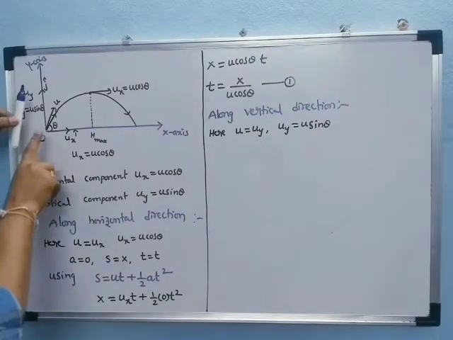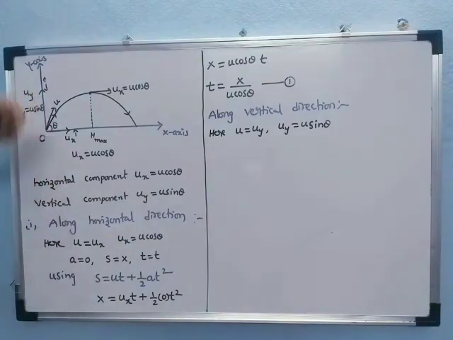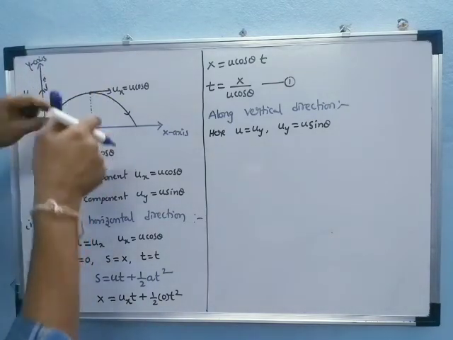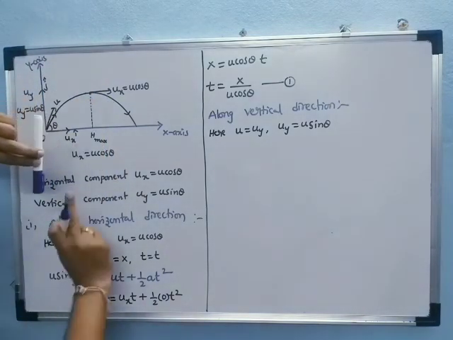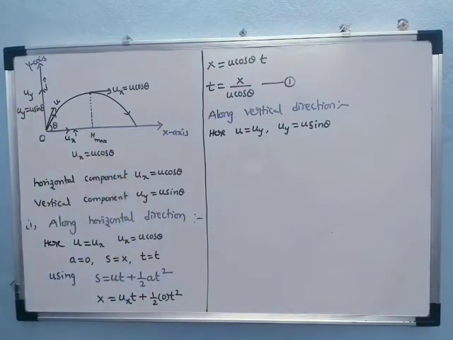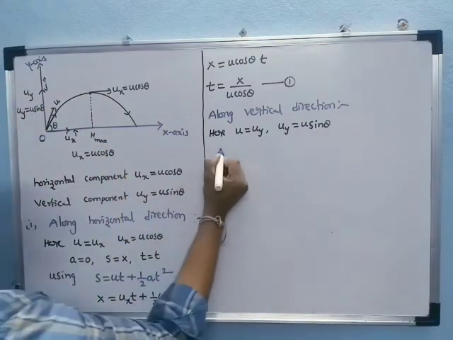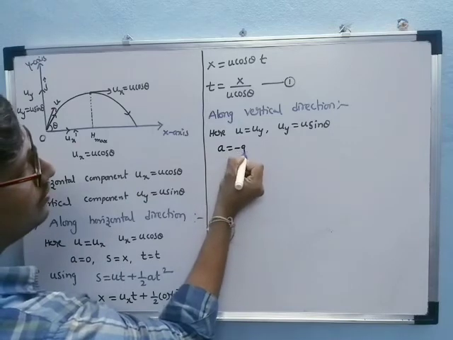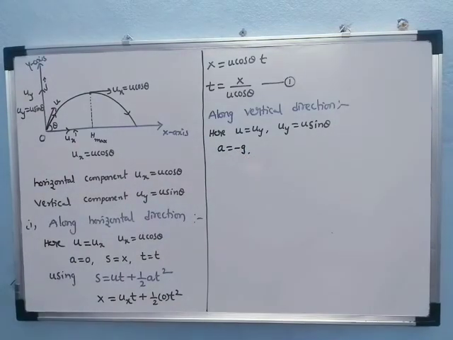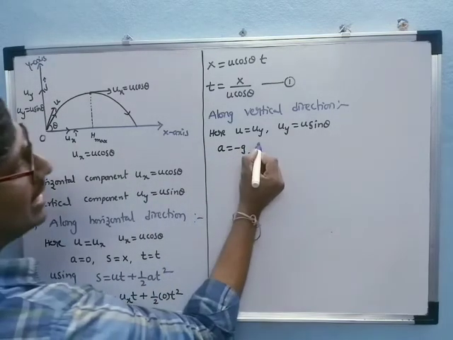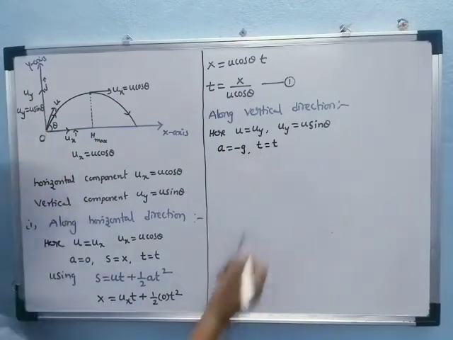But when the body is moving along the vertical direction, the acceleration due to gravity acts on the body. Acceleration due to gravity is acting in the downward direction, but the body is moving in a vertical upward direction. Both are in opposite directions, so we take a is equal to minus g, in time t.